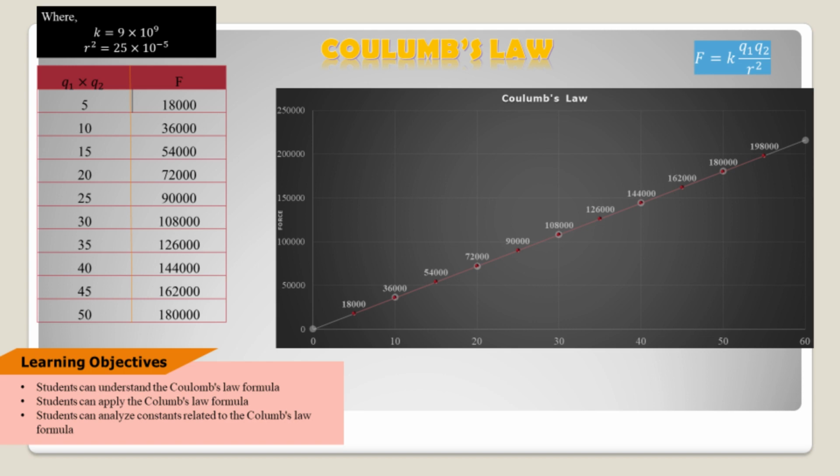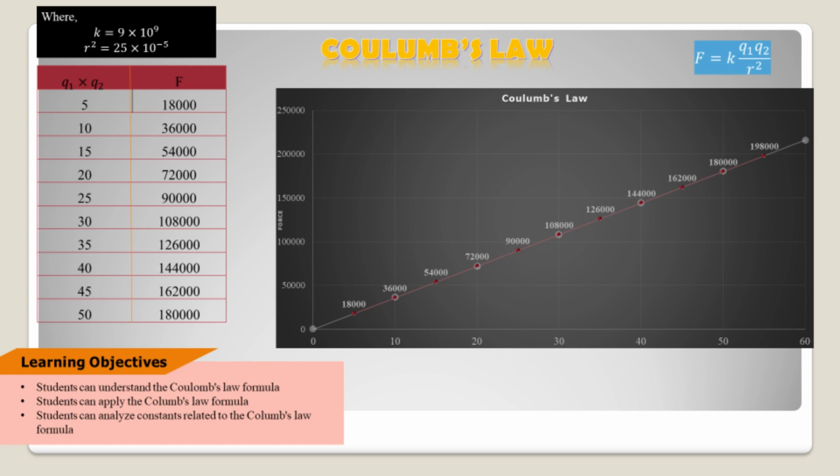If we put it in the table where Q1 times Q2 is 5, and we calculate the force by the formula, we have the force equal to 80,000. If Q1 times Q2 is equal to 10, the force is equal to 36,000.